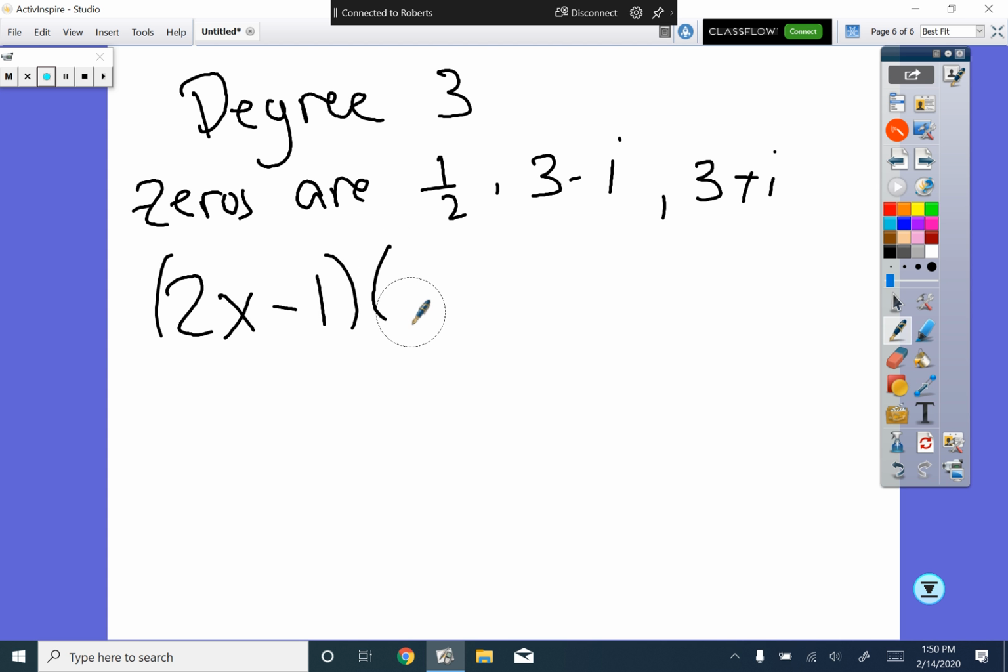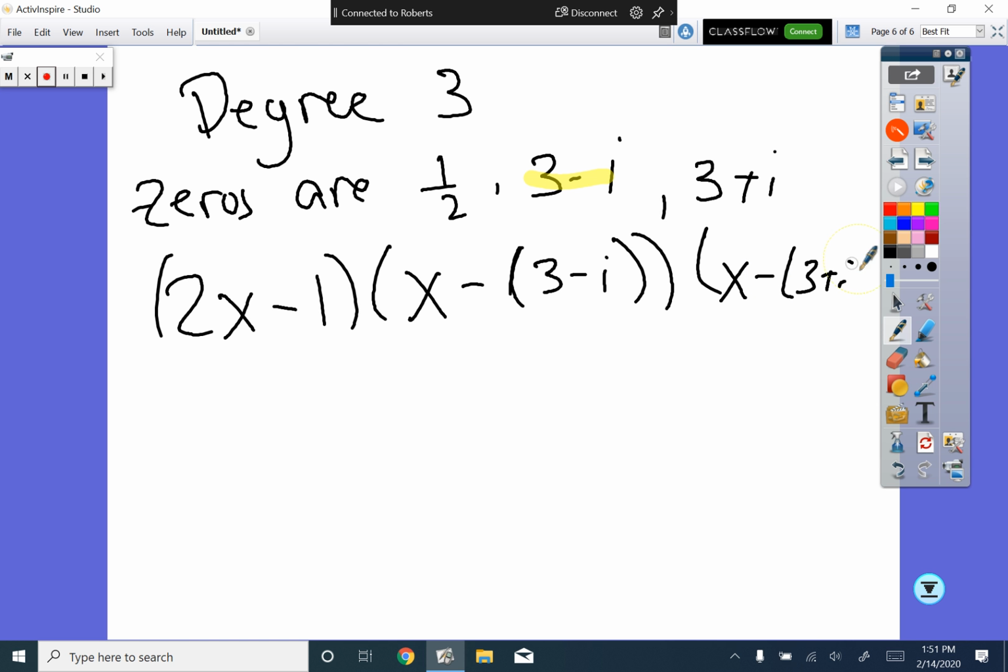Then I have x minus, let's go with this 0. So we're going to subtract that 0. So what we're going to do is put parentheses and go 3 minus i. And I'm going to go x minus parentheses 3 plus i.